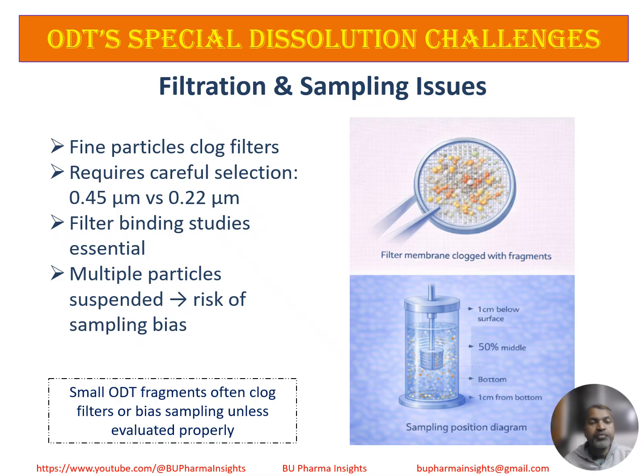Choose carefully: 0.45 micron for most methods, 0.22 micron when higher clarity is needed. Always perform filter validation studies. Confirm no analyte adsorption. Why does this matter? Suspended particles, uneven distribution, and sampling bias. Bad sampling equals bad data, even with a perfect method.